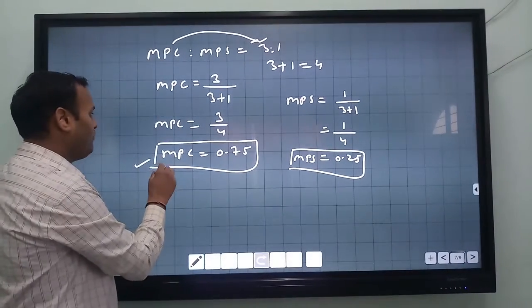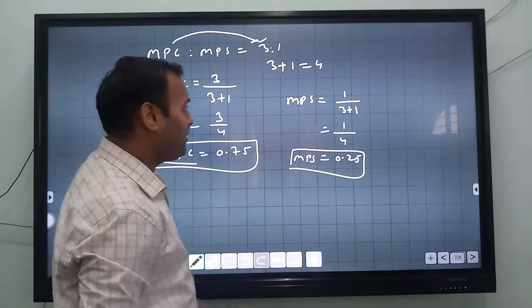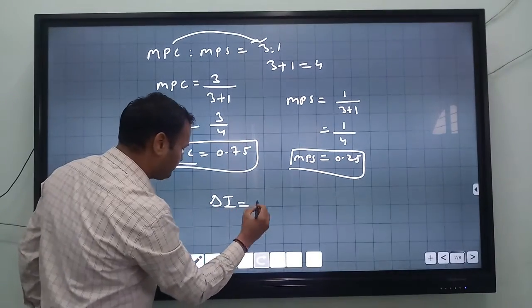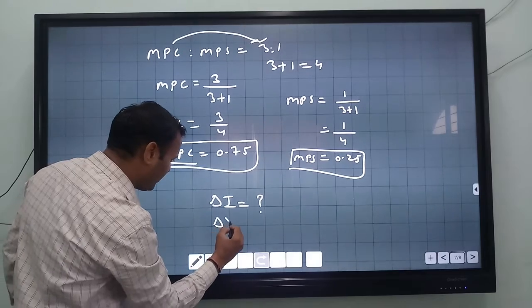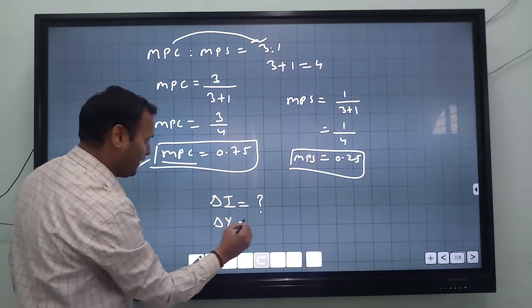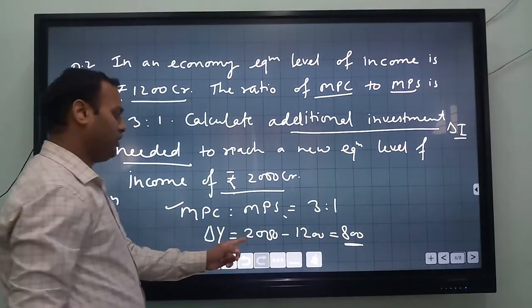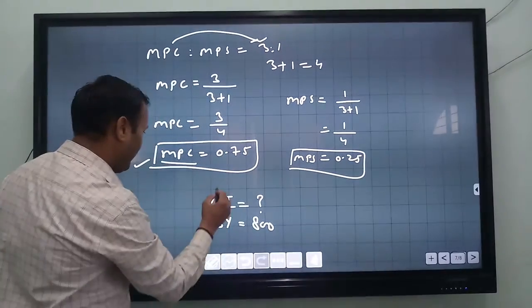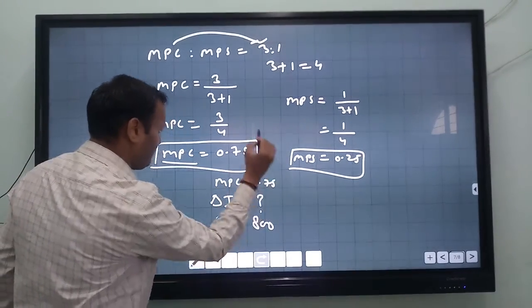Okay. Now we have already calculated MPC, and we have to calculate delta I. We have been given delta Y. Delta Y is how much? 800, that is 2000 minus 1200. And we have already calculated MPC as 0.75.